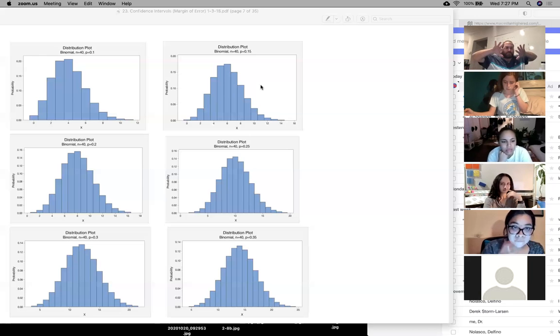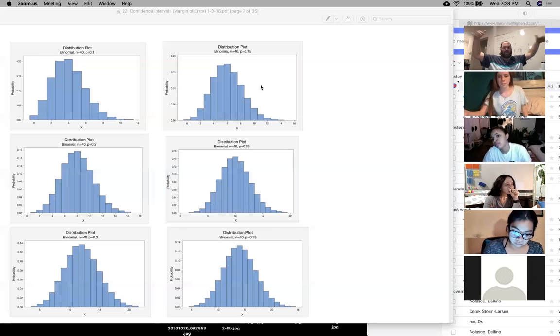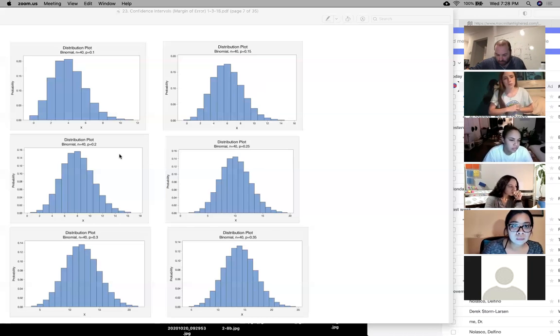The best way to think about it is think of your graph. You're only plausible if you're in the inner 95%. If you're on the outer 5%, 2.5% on this side and 2.5% on this side, you're not plausible. So is 14 plausible for P equal 0.15? No. How about P equal 0.2?